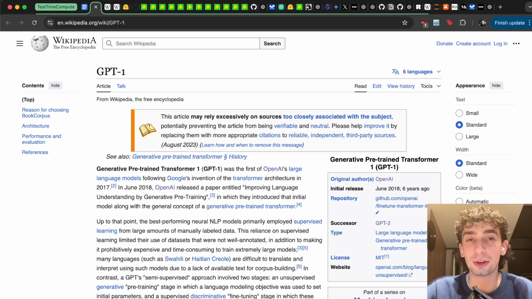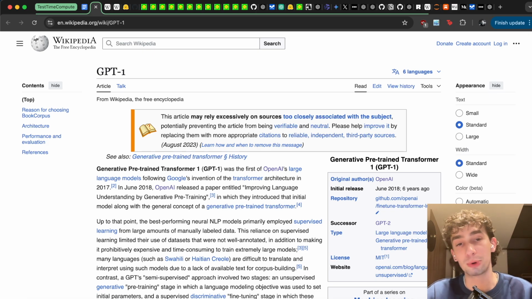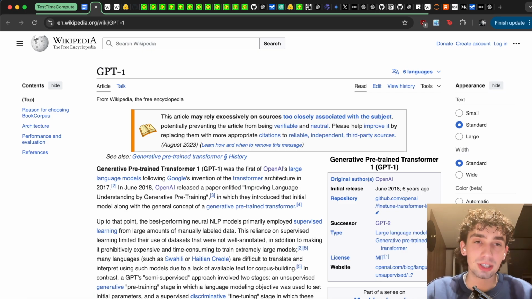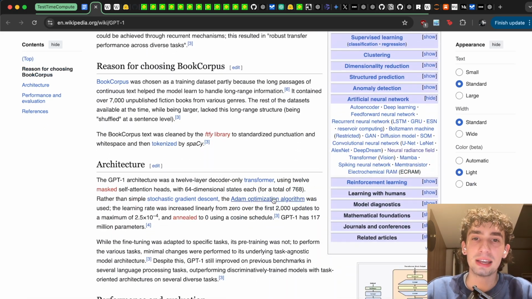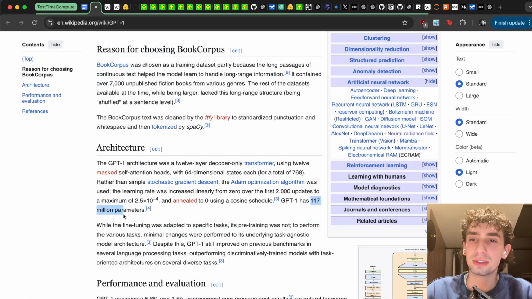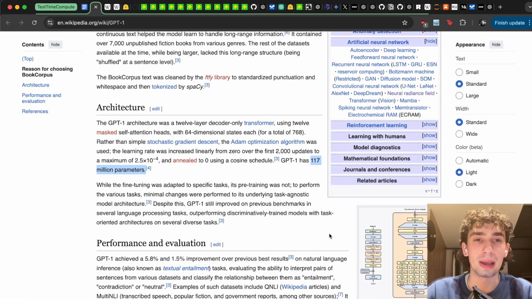To understand this a little better, it helps to get some context about scaling laws for pre-training. Looking at the popular GPT series, the models that power ChatGPT, the first, GPT-1, was actually 117 million parameters.